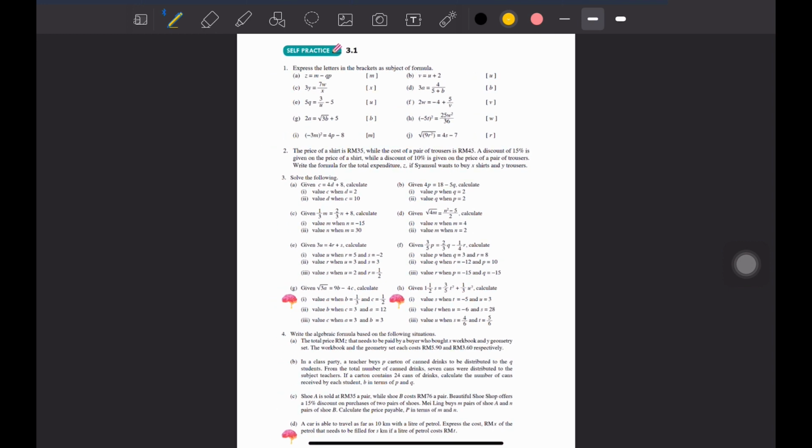I want you to do number 1, all A, B, C, D, E, F, G, H, I, J. And then I want you to try number 3, A, C, E. And then you can try number 4, A and B. So that's it, your homework for this week.